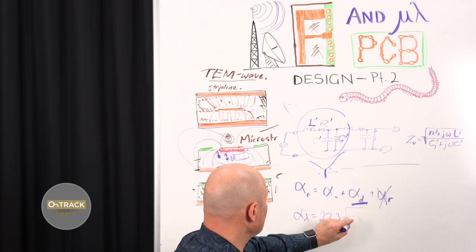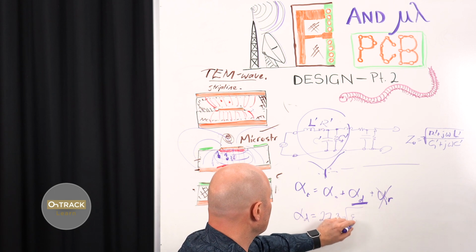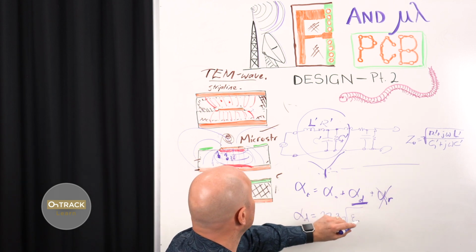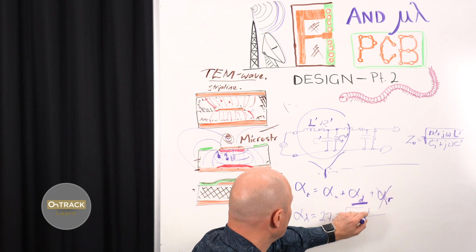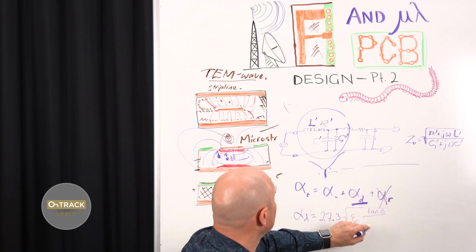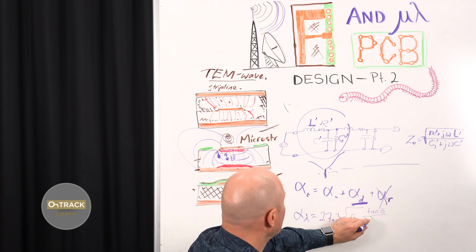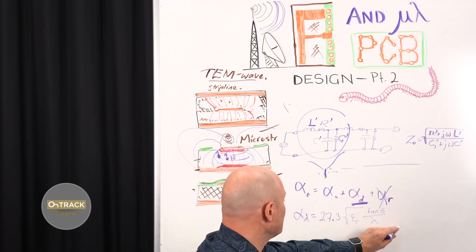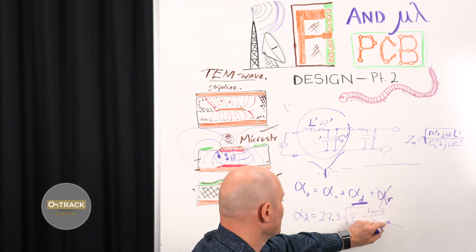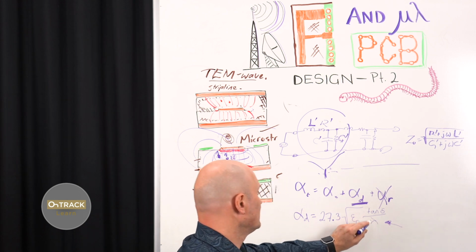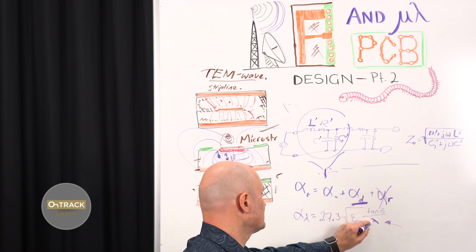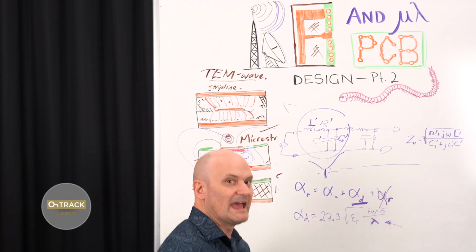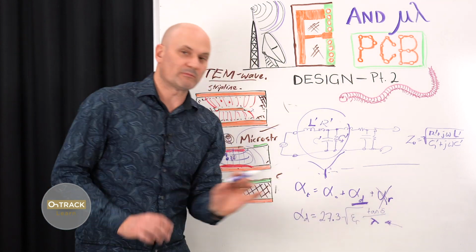It's going to be 27.3 times square root of epsilon r times tan del over wavelength. So we can see there's a wavelength, or that's 1 over frequency. So there's a frequency component to loss, and it's inversely proportional to wavelength.